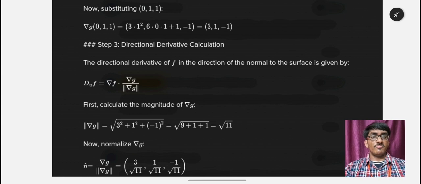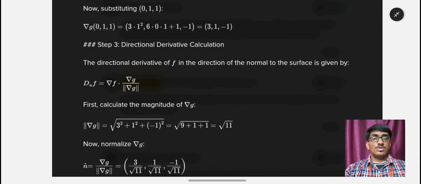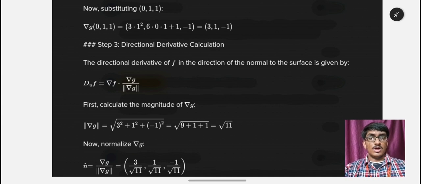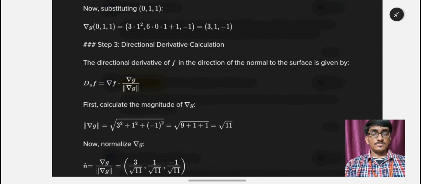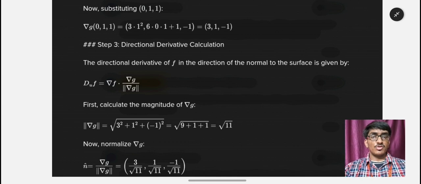At the last step, we have to find the directional derivative. The directional derivative of the function in the direction of the normal to the surface is given by the formula: del f dot del g by mod del g.